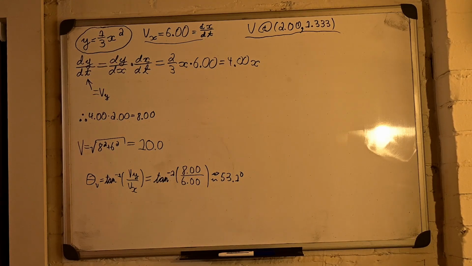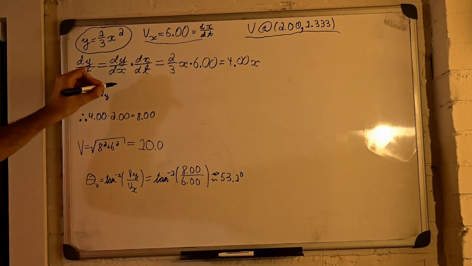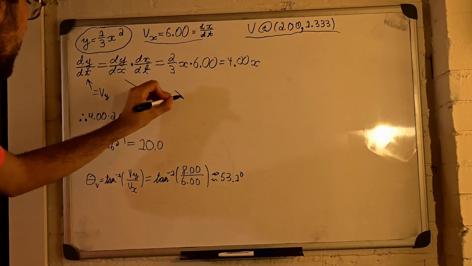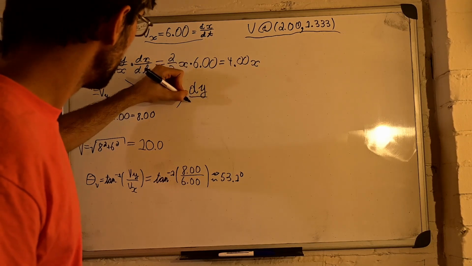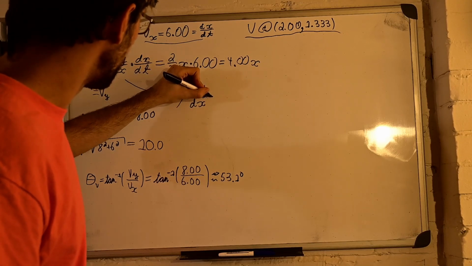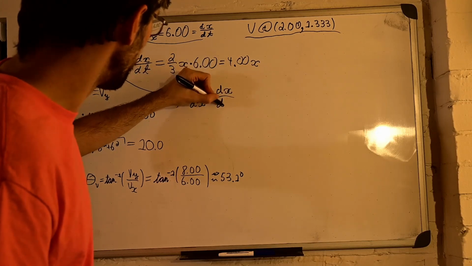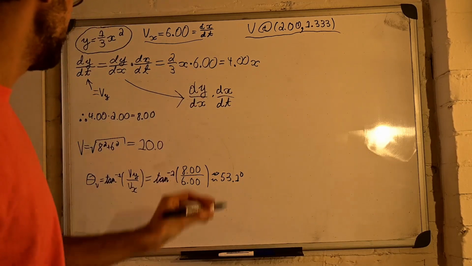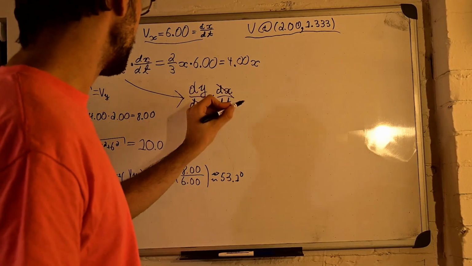So why this works the way it does, well, okay. We're trying to find the derivative of y with respect to t. If you look at this, if we just pop this out here, derivative of y with respect to x times derivative of x with respect to t. If you multiply these together, you'll realize something. These two things cancel out.